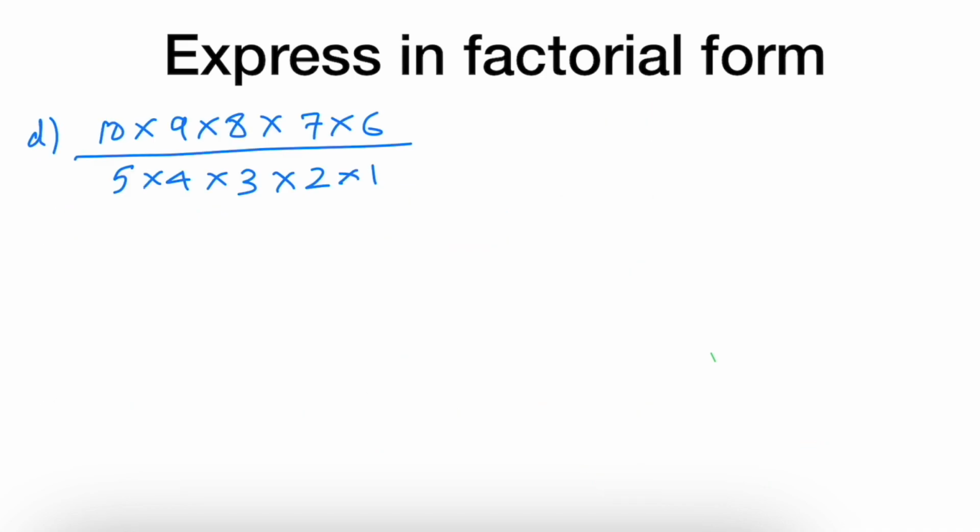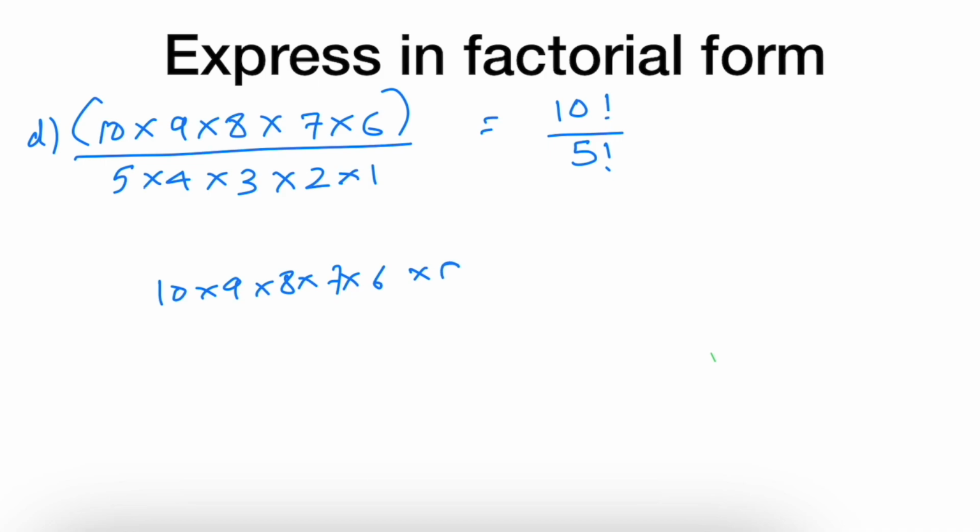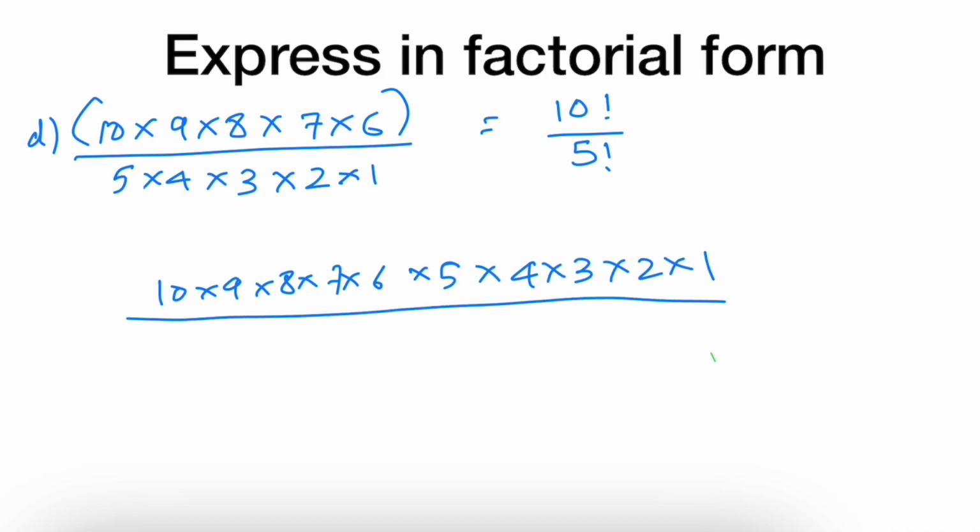Let's do one more problem. Call it problem D. How do you represent this as factorial? So the numerator, we've seen that we can represent it as 10 factorial divided by 5 factorial, right? Because this 10 into 9 into 8 into 7 into 6 into 5 into 4 into 3 into 2 into 1 is 10 factorial divided by 5 into 4 into 3 into 2 into 1, which is 5 factorial.